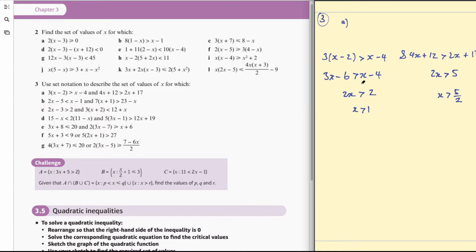So here the number line can help. Here's 1, here's 2.5 or 5 on 2. So we have both of these greater than.